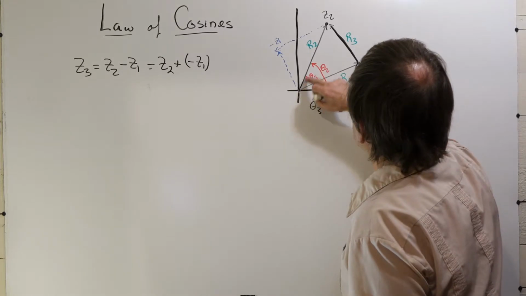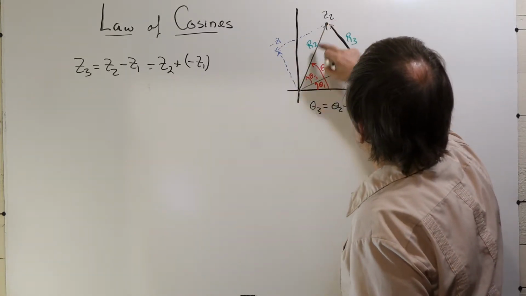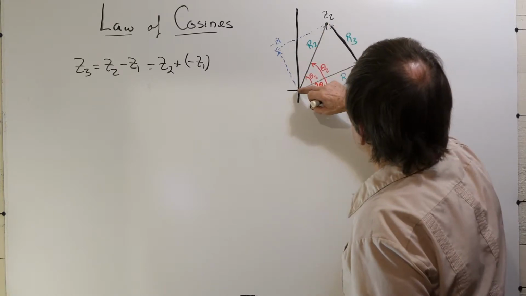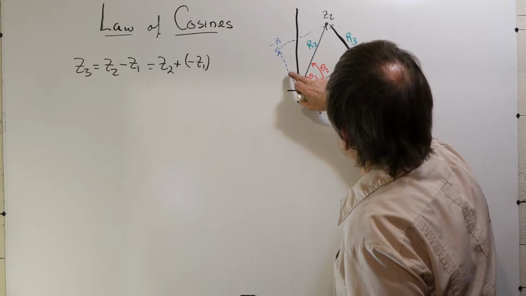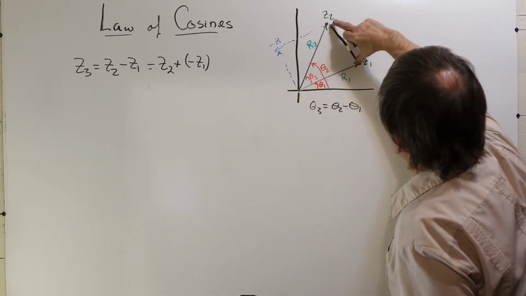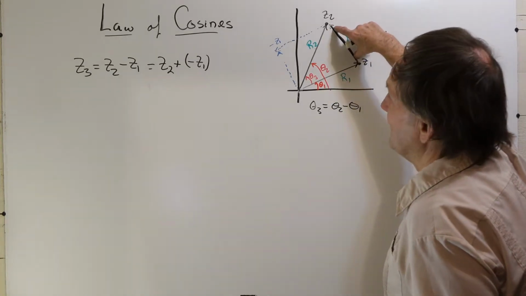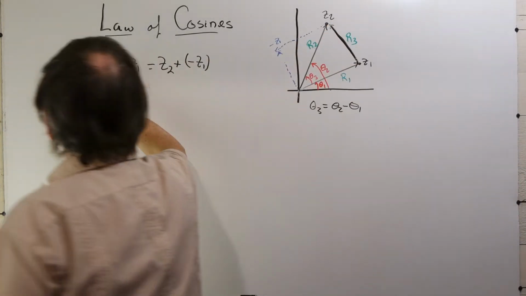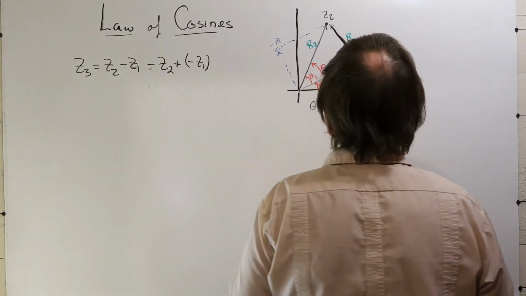So we have Z2 plus a minus Z1. We go head, tail to head, tail to head. So Z2 minus Z1 gives us this vector going from the origin there, and that is parallel to this side and in the same direction. So the third side of the triangle can be represented as Z3 equals Z2 minus Z1.